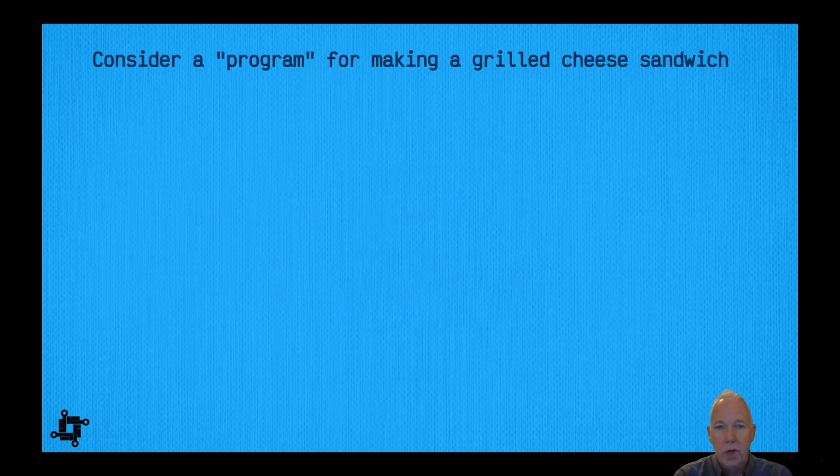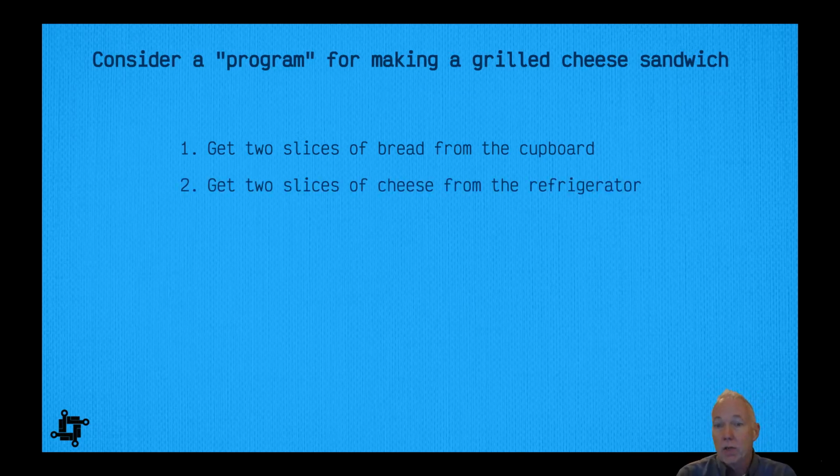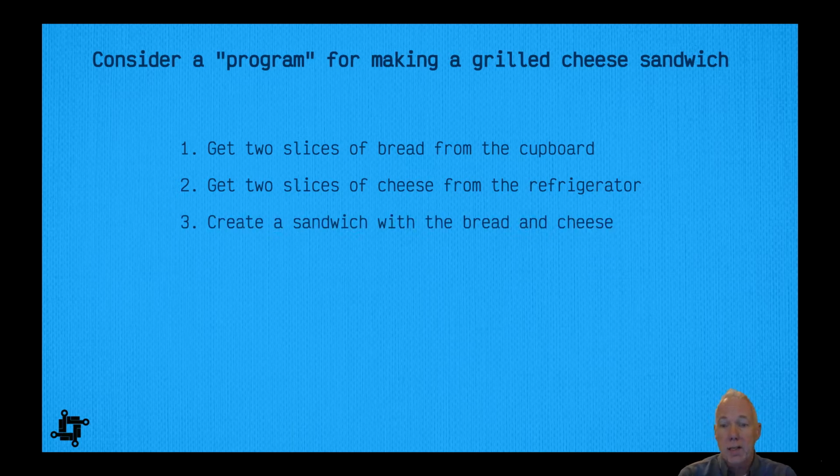So let's start out where we consider a program, or a recipe in this case, for making a grilled cheese sandwich. We can imagine that if I were to give a robot some instructions on how to make a grilled cheese sandwich, I might say, get 2 slices of bread from the cupboard, get 2 slices of cheese from the refrigerator, create a sandwich with the bread and the cheese.